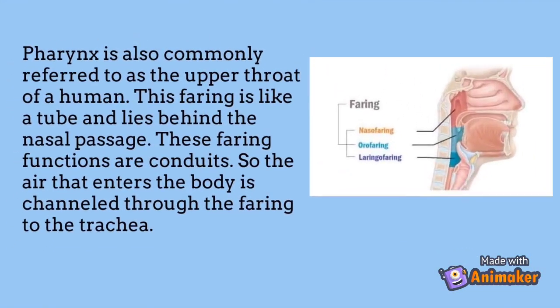Pharynx is also commonly referred to as the upper throat of a human. This pharynx is like a tube and lies behind the nasal passage. Its function is as a conduit, so the air that enters the body is channeled through the pharynx to the trachea.